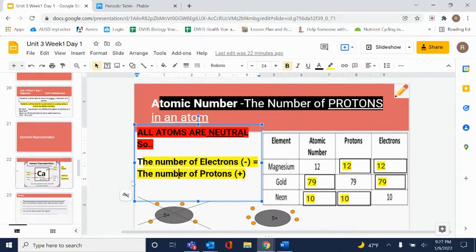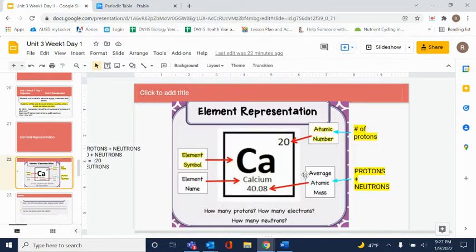So, if I'm asked how many electrons are in calcium, it doesn't forthrightly say there's this many electrons, but because I know that the number of protons is always going to be the same as the number of electrons, then I know if there's 20 protons, there has to be 20 electrons.